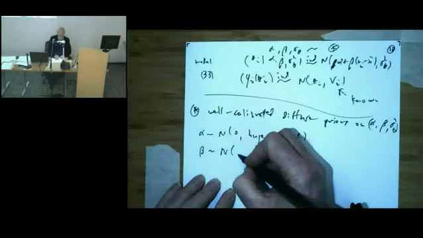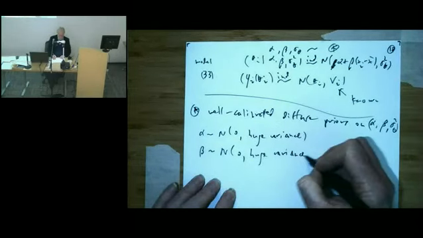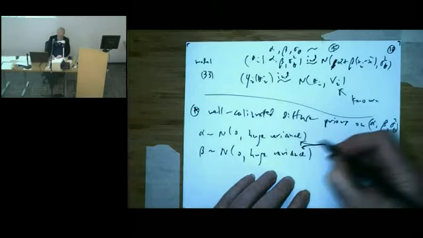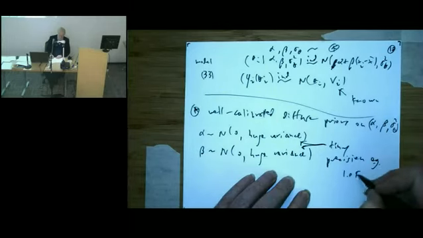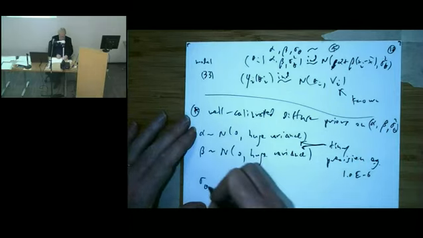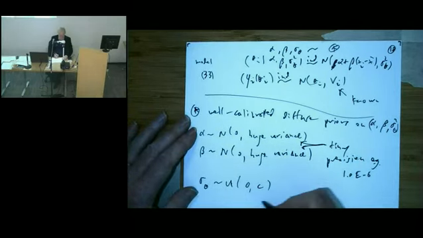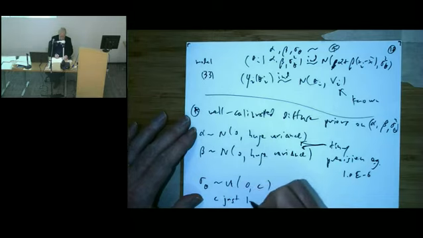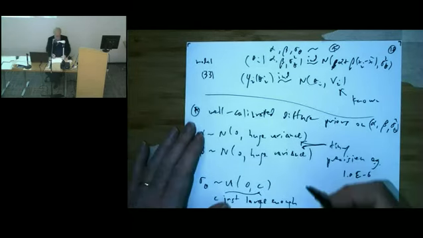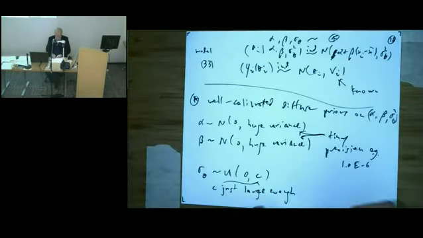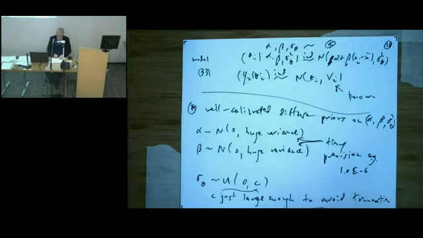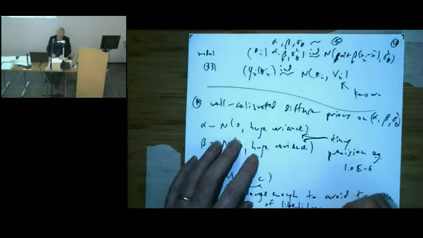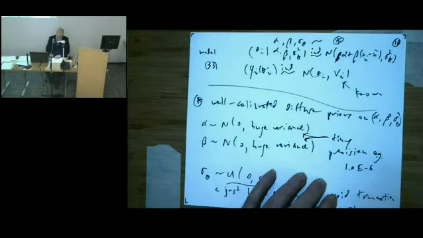Beta ditto, normal with 0 and huge variance, which of course in both cases means tiny precision, e.g. 1.0 e minus 6, and sigma theta uniform from 0 to c, where c is chosen just large enough to avoid truncation of the likelihood function. That turns out to be your basic plan.